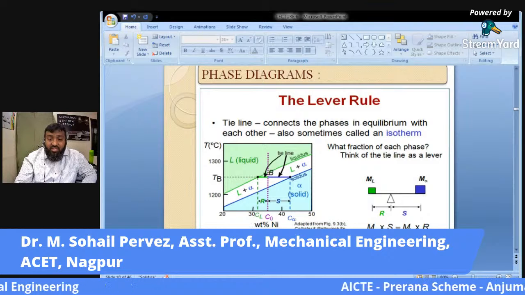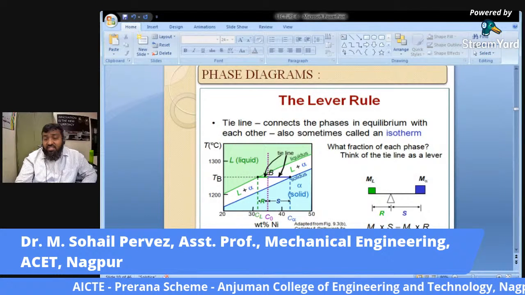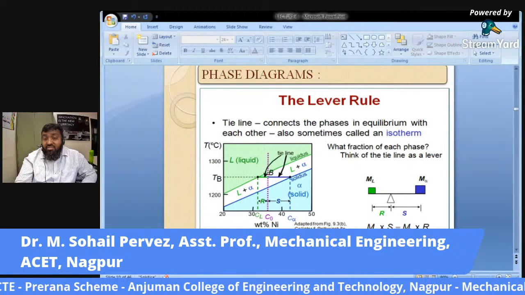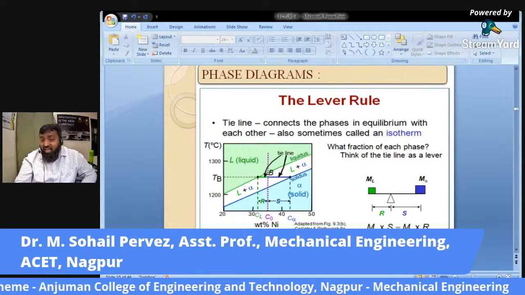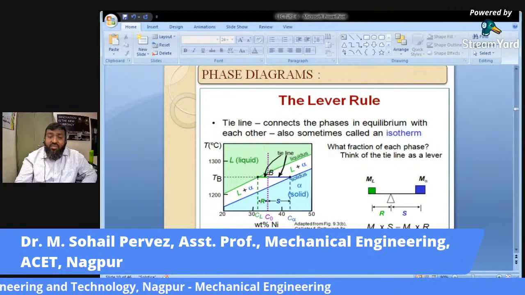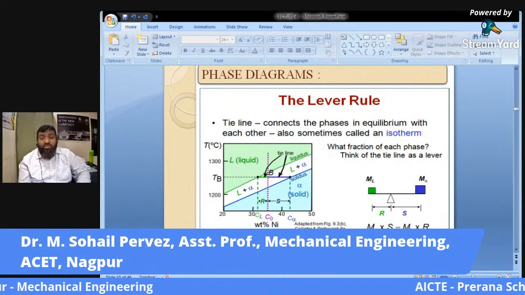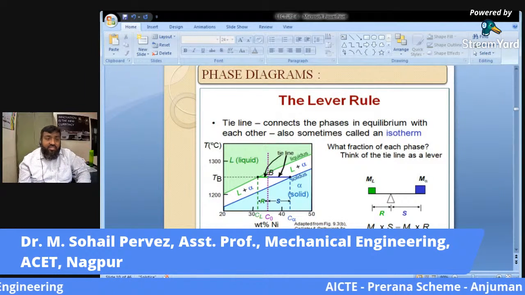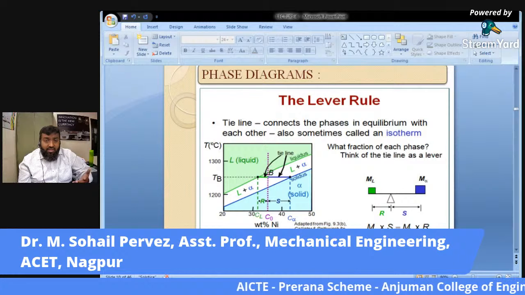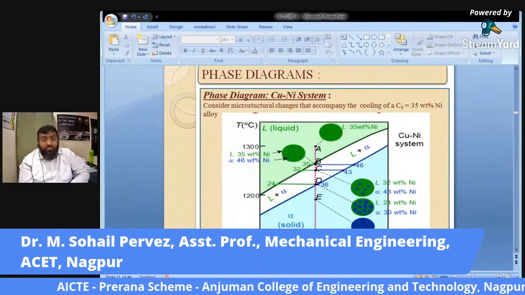So for liquid we'll be using C alpha in both the numerator and denominator at first sight, and for solid we'll be using CL, the percentage or the proportion of constituent in liquid. So these are the two basic formulas which we'll be using while solving the numerical, and I'll always be giving its reference as a lever, according to lever rule.